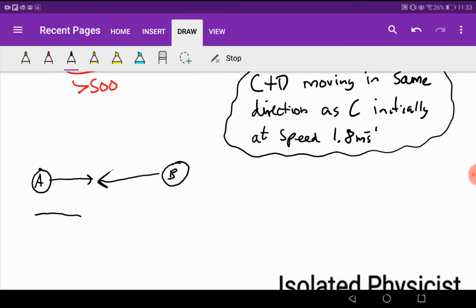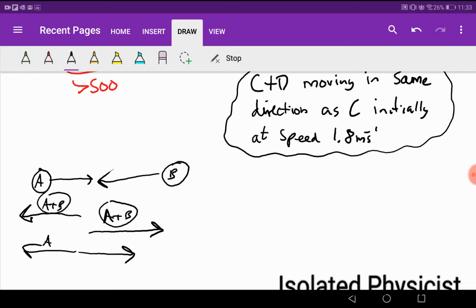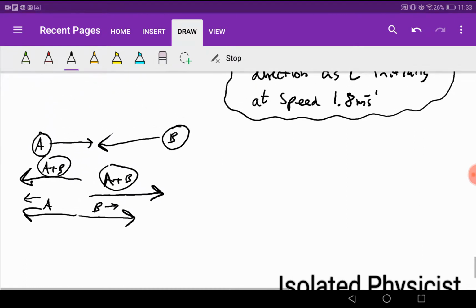Both of them can go that way, both of them can go this way, so A plus B can go this way or that way. A can go back the way it came, B can go back the way it came, or they both cancel each other out and they're both just stationary. It depends on the question, but you need to make sure that you do these things.